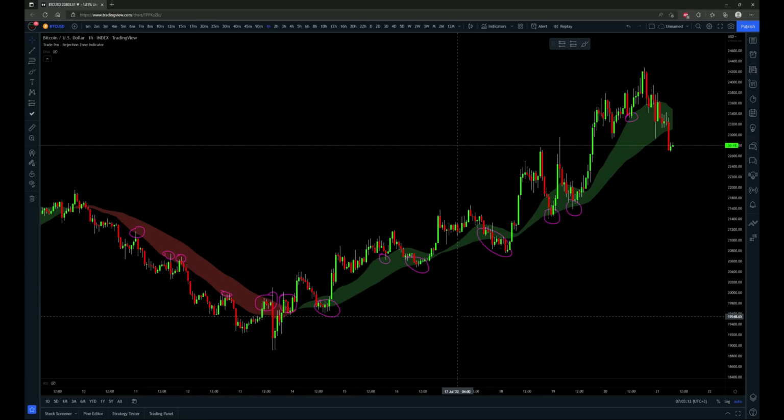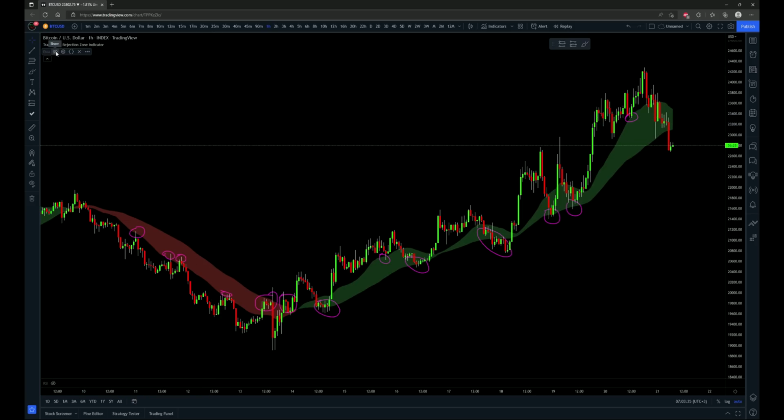Now, let's talk about more advanced strategy using this indicator and combining it with other things, as I believe just looking at this indicator and simply buying and selling based on pullbacks isn't quite going to be enough for long-term profitable results, although it may be. I'm not certain about that.